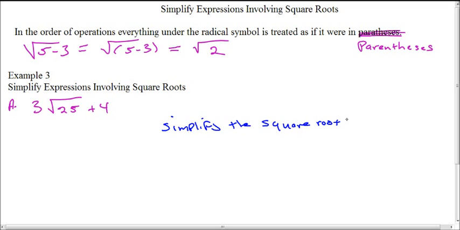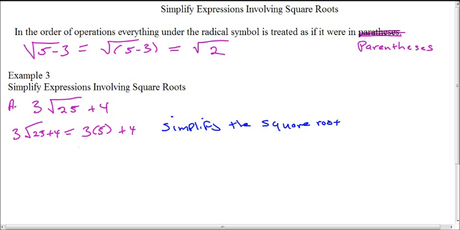Okay, so once we do that, we will take 3 times the square root of 25 plus 4, and that's going to equal 3, and of course we know the square root of 25 is the integer 5, plus 4.